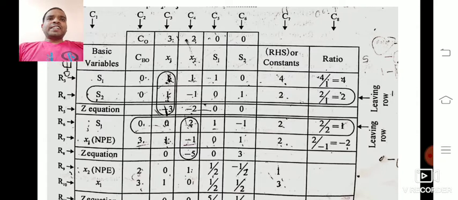We are deleting the leaving row, that is the S2 row, by entering the C3 column, that is the x1 column. Now in the R6 row he has written S1, so don't write S1 there, you can write x1.